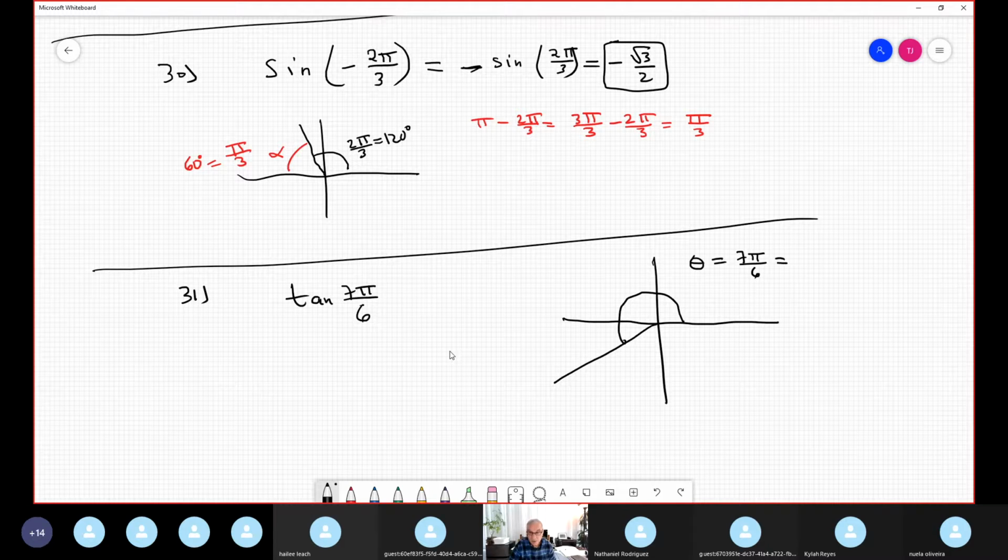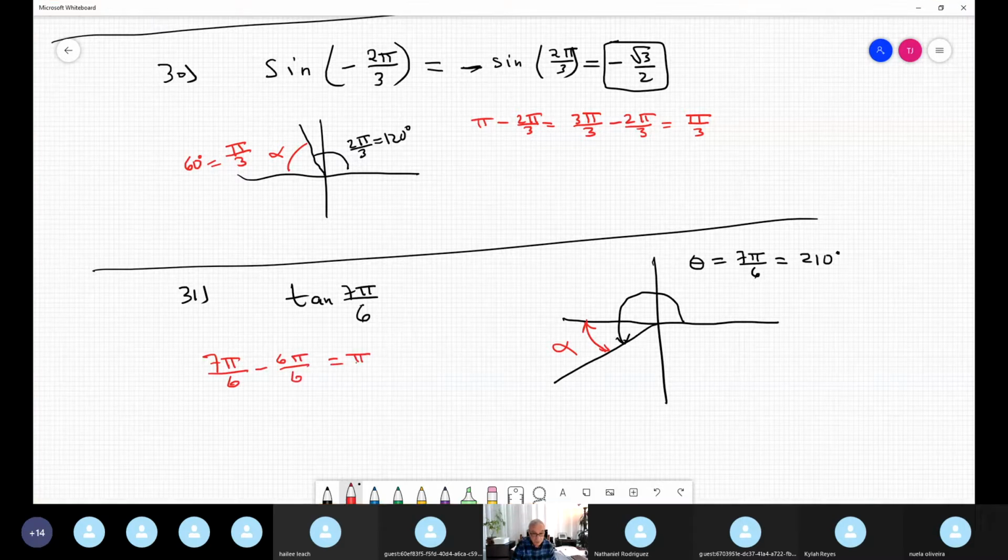Okay, by the way, in degrees it is 210 degrees. This is theta, and who is alpha? Well, alpha is this guy. I don't put the direction, it doesn't matter. Alpha is 30 degrees. Because, you know, if you are doing it mathematically, it's 7 pi over 6 minus pi, que es 6 pi over 6, que es pi over 6.